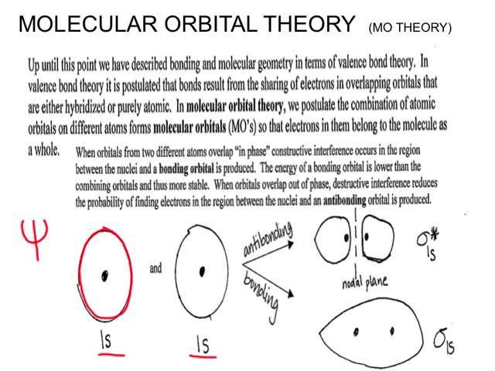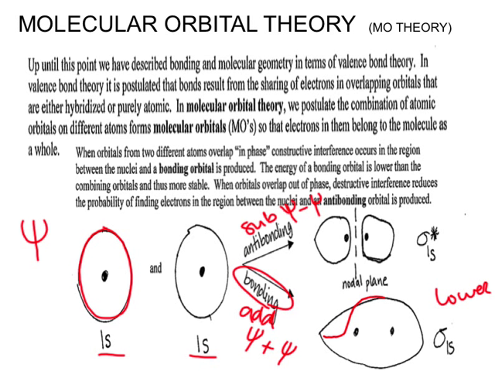Well, if we're going to combine two orbitals, one of two things can happen. We can add the two wave functions, or we could subtract the two wave functions. If we add the two wave functions, we create what we call a bonding orbital. It's of lower energy, and we consider it bonding because, and I'm actually going to draw a picture a little more indicative of it, if you look, the highest probability of finding an electron is going to be somewhere near the nuclei between the two.